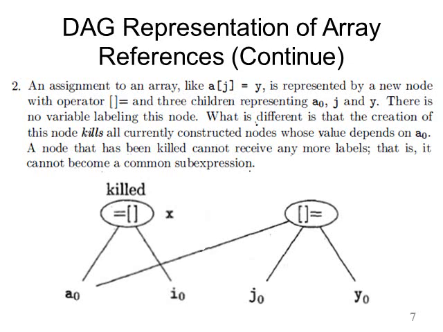So therefore we can say the new node creation killed the earlier node, and the current node will not get any label. So from this analysis, we say that this is not a common expression with the array.